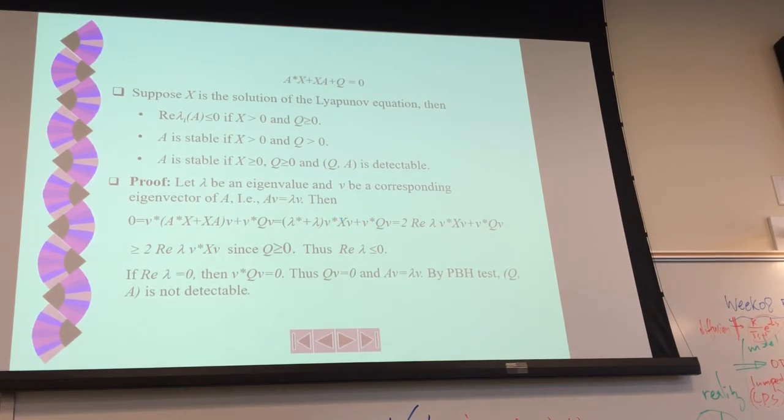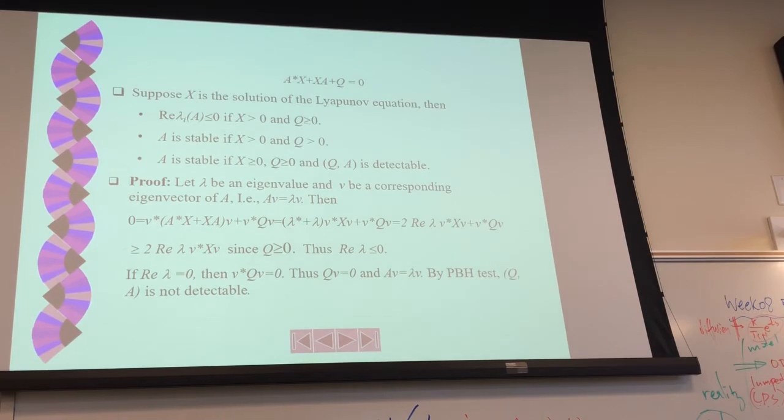Because x v transpose x A v, and A v is lambda v, so you have lambda. Then you can take a complex conjugate, and you will get lambda star v star is v star A star. So you end up with this, and be careful: you have a complex conjugate plus the complex number, which will give you 2 times the real part of lambda.